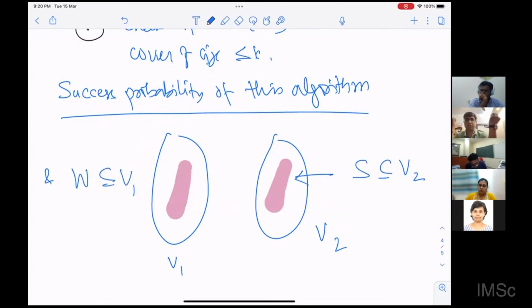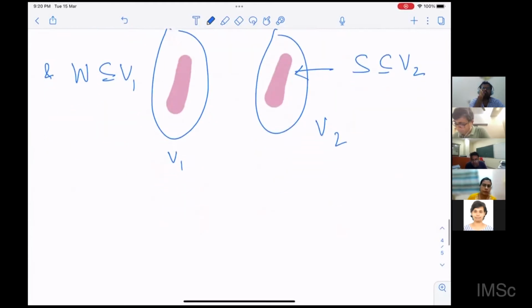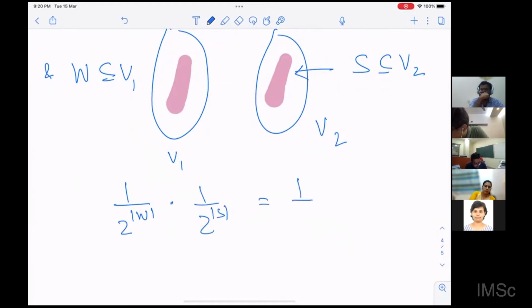Now notice, because W and S are disjoint, this event can happen. If you do the math, this comes out to be 1 over 2 to the power of |W| times 1 over 2 to the power of |S|, which is 1 over 4 to the power k. So with probability 1 over 4 to the power k, we have the property that W is fully contained inside V1 and S is fully contained inside V2.